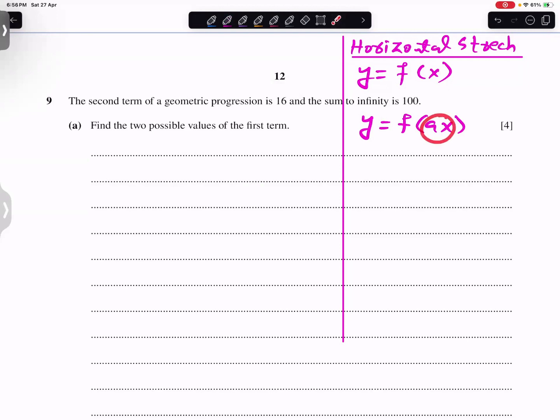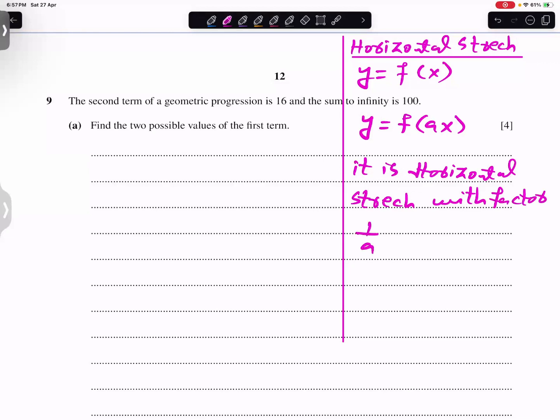This is the indication of horizontal stretch. The graph is stretched horizontally, and you will say that it is a horizontal stretch with factor 1 over a. Student, please remember this concept. Whenever you have a inside of the function, you will pronounce the factor as 1 over a.